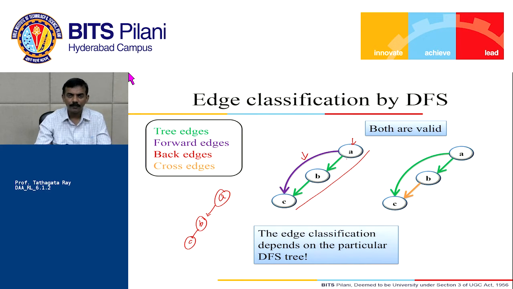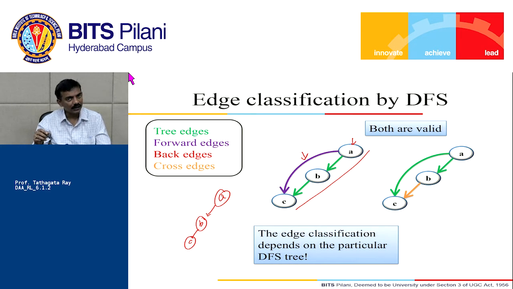I start with A. So I said, okay, let's choose the neighbor C. So from A we go to C. From C, there are no other neighbors of C. So we say that we are done with C, go back to A. And then go to an unvisited neighbor of A. So B happens to be an unvisited neighbor of A. So from A, we go to B. From B, we see, is there an unvisited neighbor of B?